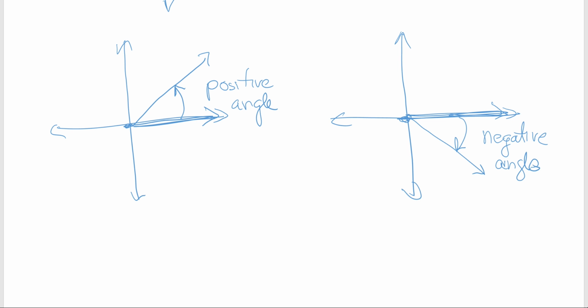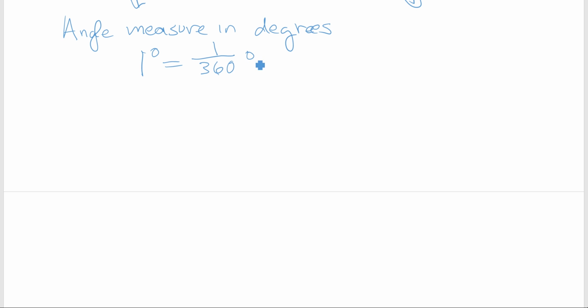Now, a lot of times when people look at angles, they talk about an angle being measured in degrees. And we define 1 degree to be 1 over 360 of a complete rotation. And sometimes we divide that degree into smaller units.